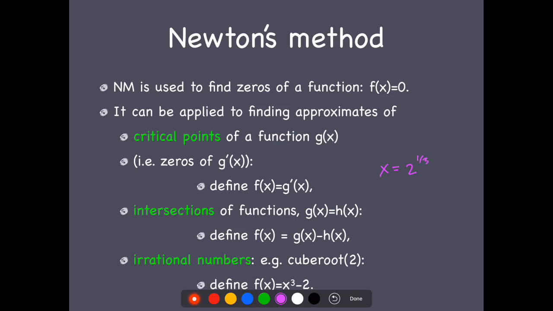And what we need out of this is a function that's easy to evaluate and has a 0 in the right place. So we cube both sides and subtract 2 from both sides. And now we have a function, x cubed minus 2, that's equal to 0 whenever we're at the point of interest.